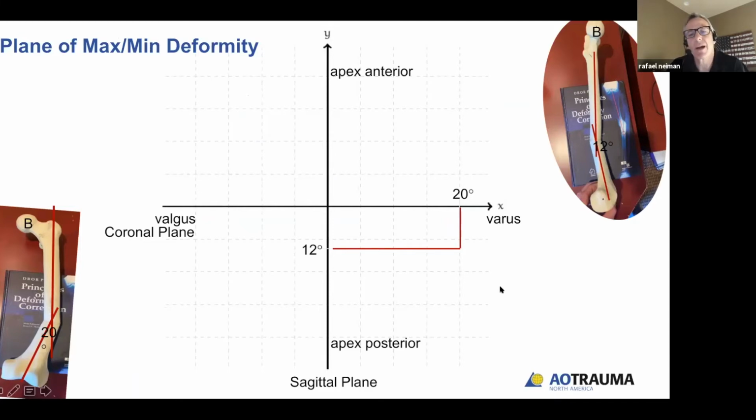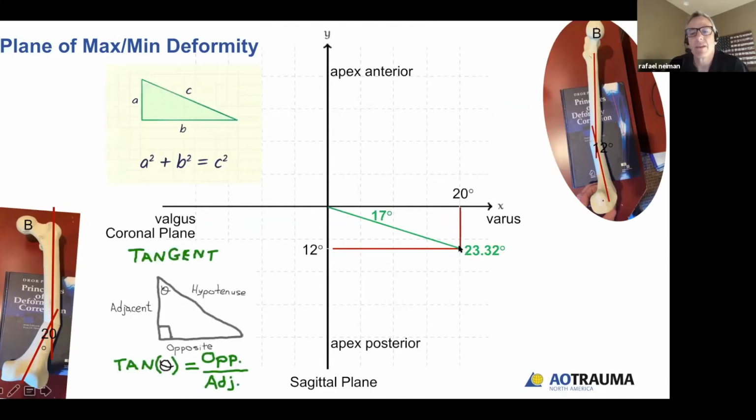I get an XY plane on some graph paper, and I map out the coronal plane on the x-axis and the sagittal plane on the y-axis, and I map out what is the deformity in each of those planes. So in the coronal plane, it's a 20-degree deformity. In the sagittal plane, it's a 10-degree deformity, and where those 2 points meet is the magnitude.